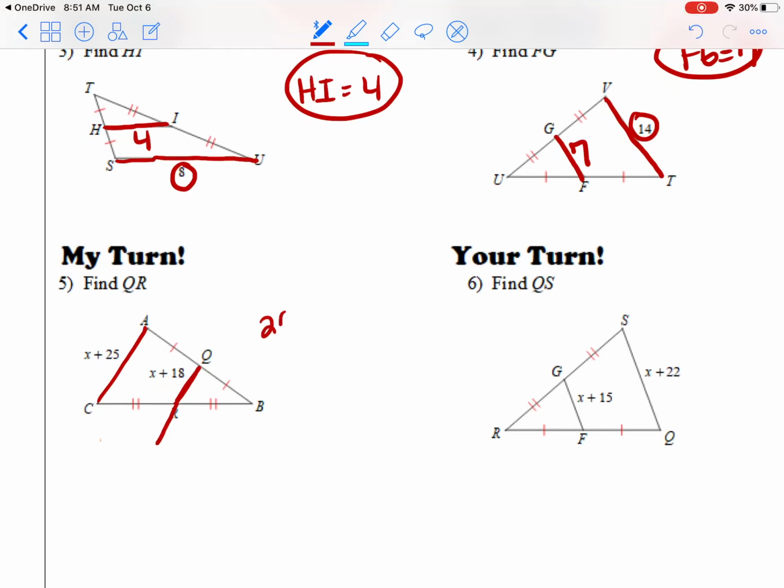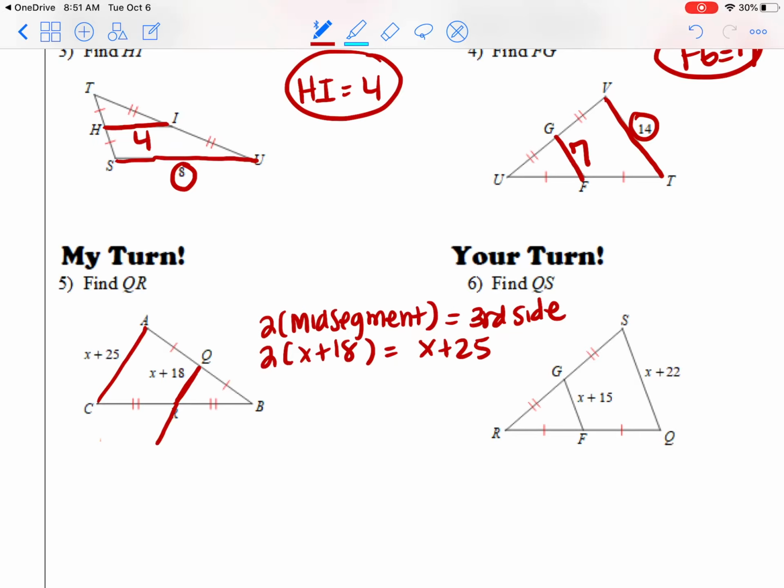So your equation will be 2 times the mid-segment. When I double the mid-segment, I'm going to get the same thing as the third side. So 2 times x plus 18, when I double x plus 18, will give me x plus 25.